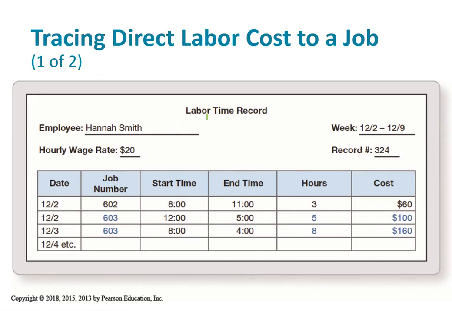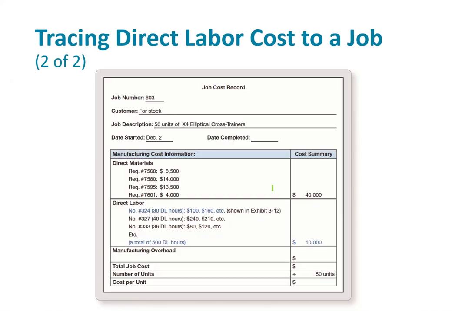Okay, so that's direct materials. Now, here's the labor time record. So basically you punch in and out. Notice that job 603 has 2 of them. The direct labor wage is $20 an hour, and it has 5 hours at one time and 8 hours at another. And so we have to account for basically $260.